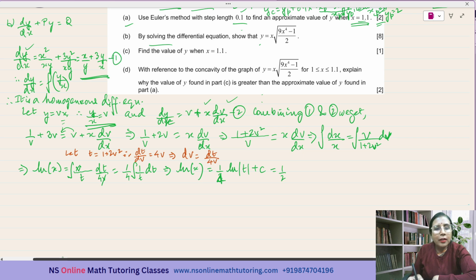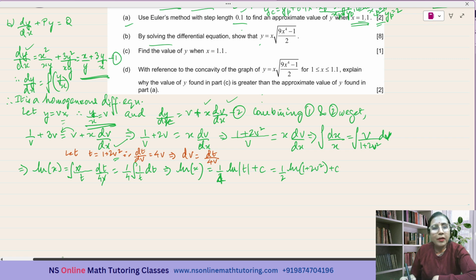I will be substituting the expression for t, which is 1 plus 2v square. Okay. So it is ln of 1 plus 2v square. Whatever may be the value of v, v square is a positive number. 2 times v square will be positive, plus 1 is positive. So I'm not taking the absolute value. I'm taking the bracket. Okay. So it is 1 plus 2v square plus c.